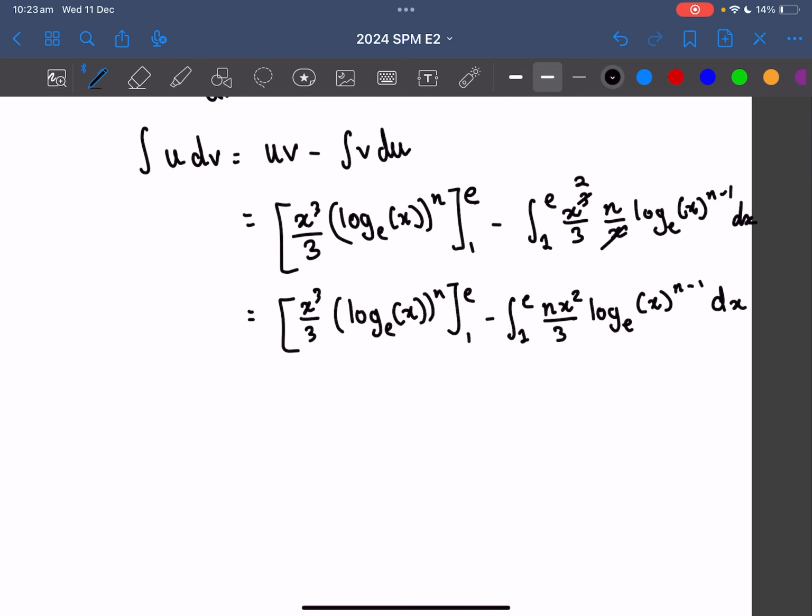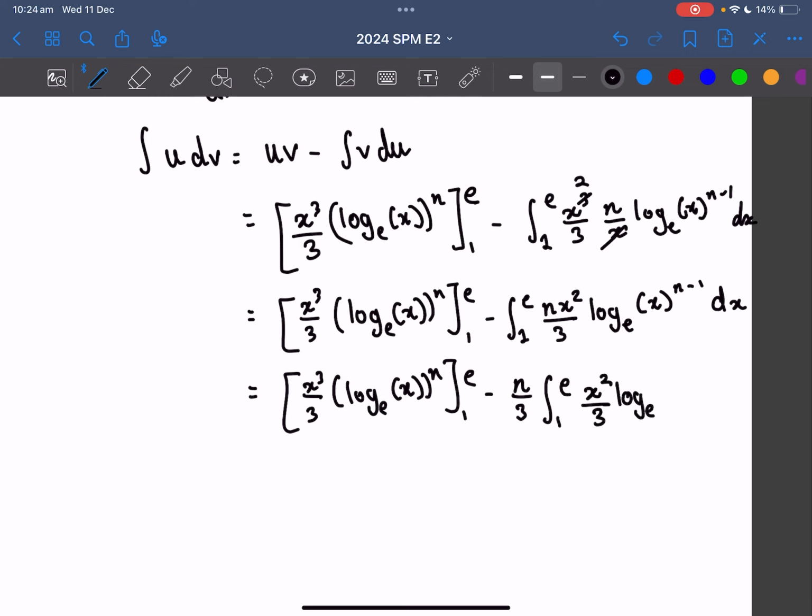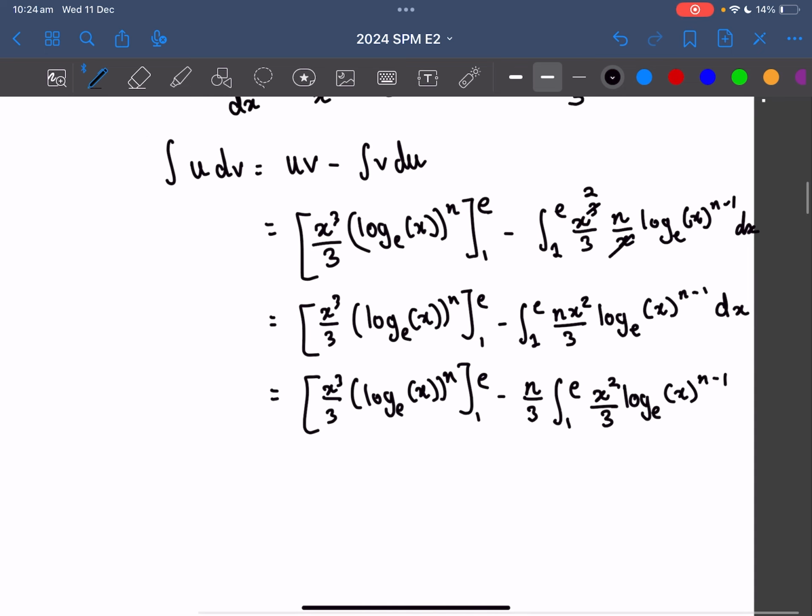Then we can take out n on 3 because those are constants. So x cubed on 3 (log base e x) to the power of n from 1 to e, minus n on 3 times the integral from 1 to e of x squared (log base e x) to the n minus 1. Well, not 3 anymore, just x squared.